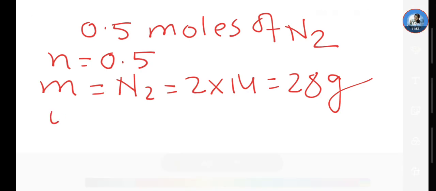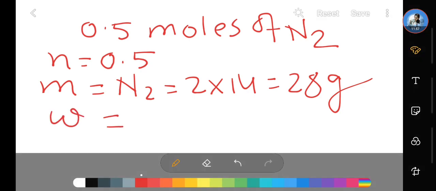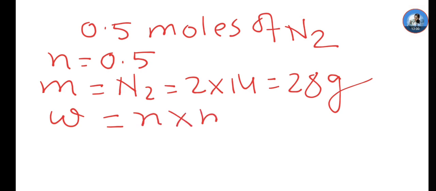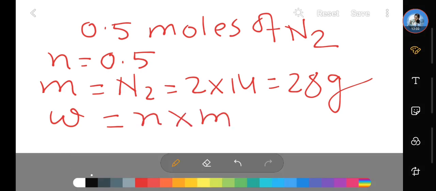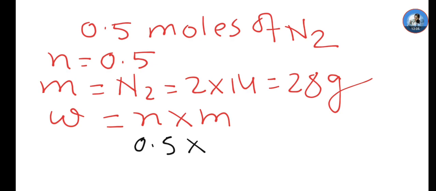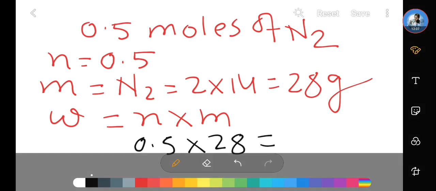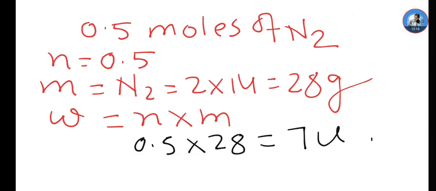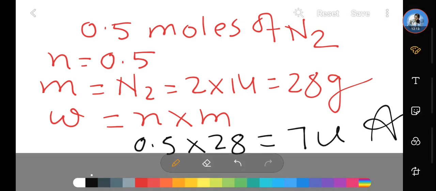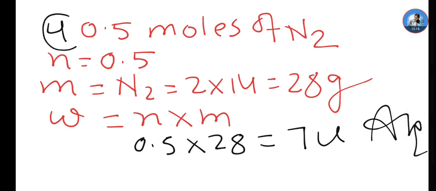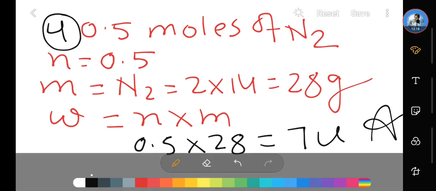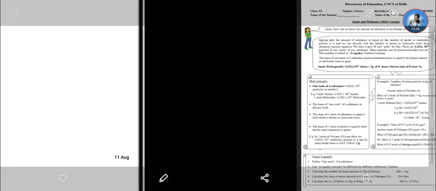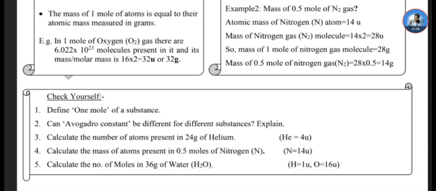We have to calculate the W, that is given mass. The formula of given mass is N multiply M. N is here 0.5 and M is here 28. So our W is 14 gram. This is our fourth question. Got it? We have to calculate the mass of 0.5 moles of nitrogen.